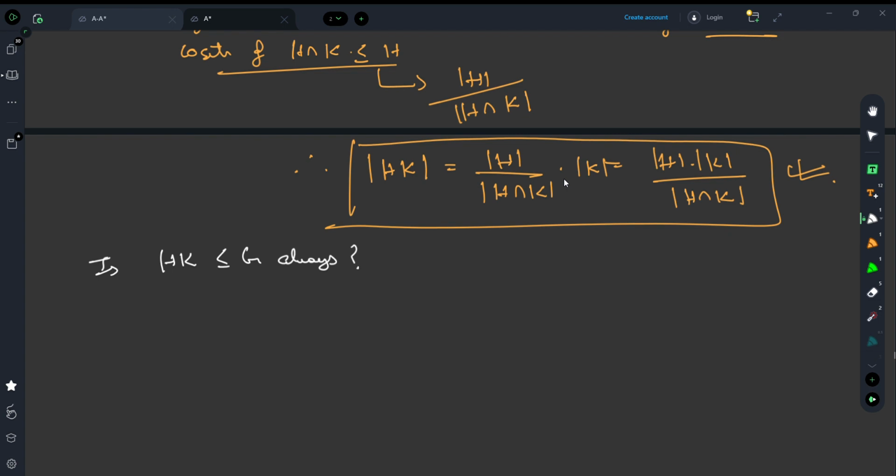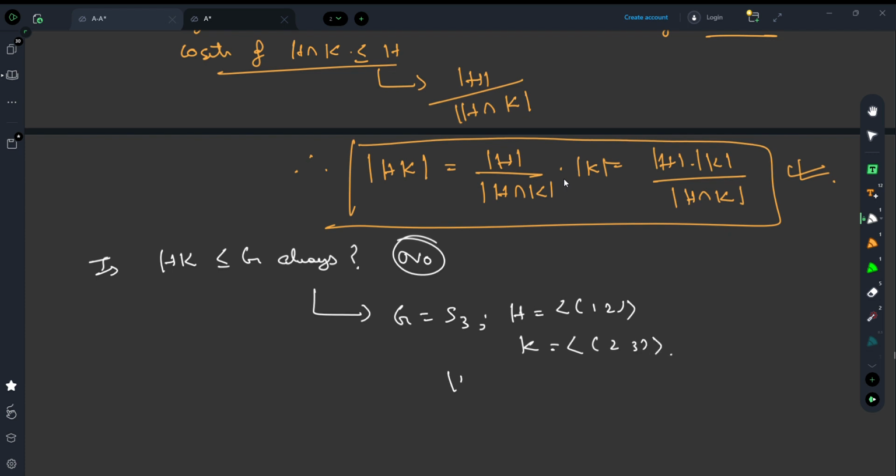Whenever he asks us questions about whether something always happens, the obvious answer is no. And the example which abides by my saying no is if you consider G to be S3, H to be the cyclic group generated by the cycle (1 2), and K to be the cyclic group generated by the cycle (2 3). Then observe the only element in the intersection of H and K is 1.